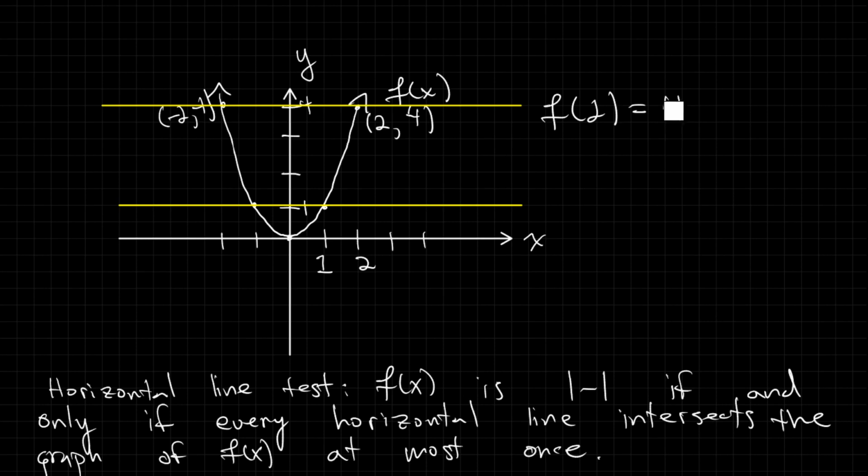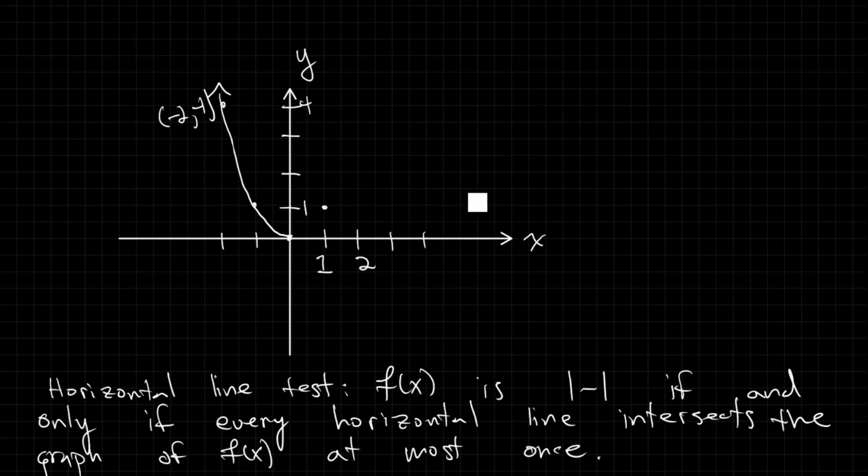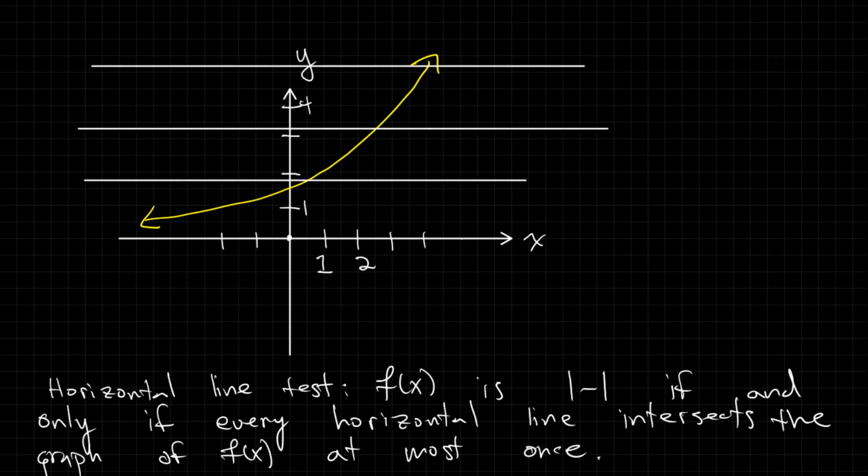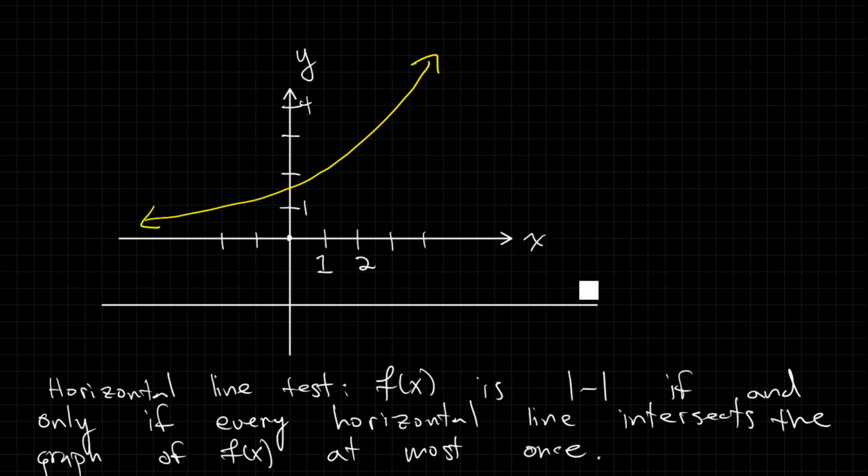So it's okay if there are horizontal lines that intersect the graph 0 times, but you can have no horizontal line intersecting the graph more than once. So for example, this graph would be one-to-one, because if you draw any horizontal line, then the maximum amount of intersections you get is 1. So this would be the graph of a one-to-one function.